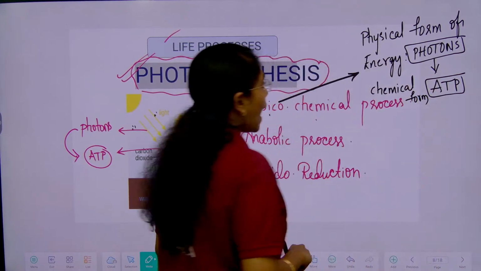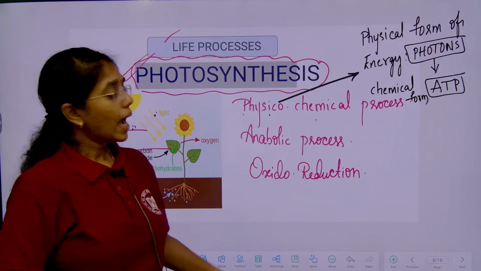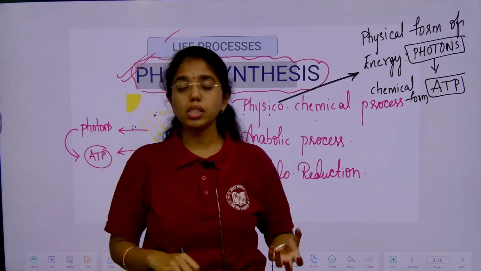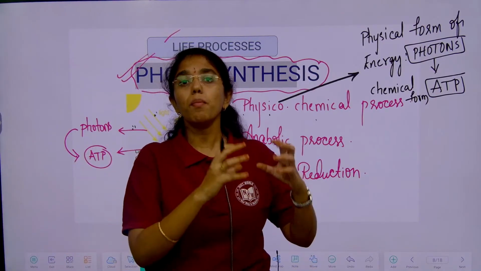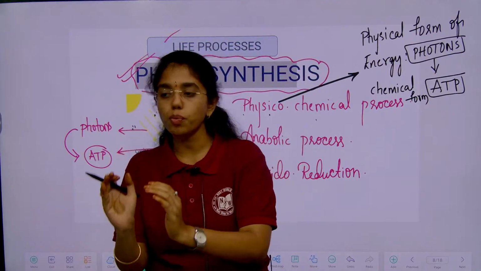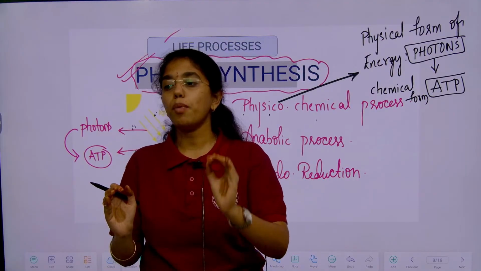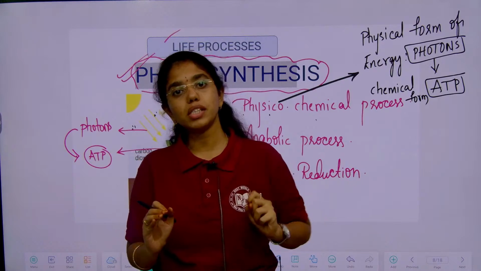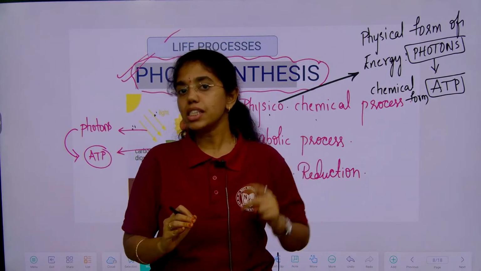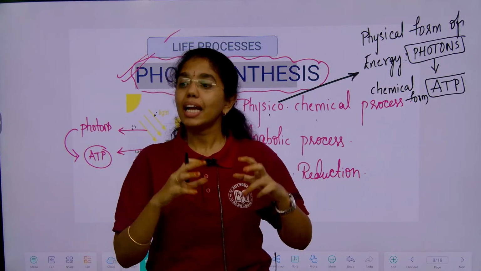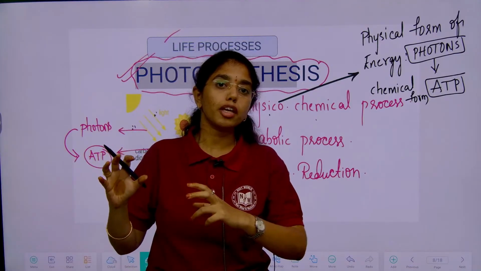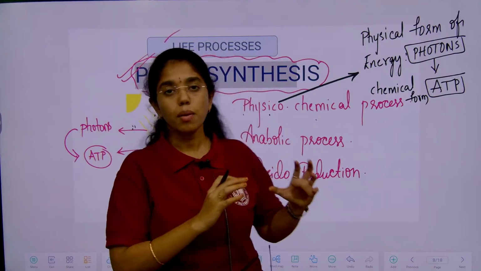Next, anabolic process. Any process which involves the conversion of simpler molecules into complex molecules is known as what? Anabolic process, which is one of the steps of metabolism. Second step of metabolism involves catabolism, where complex molecules are destructed to simpler molecules.